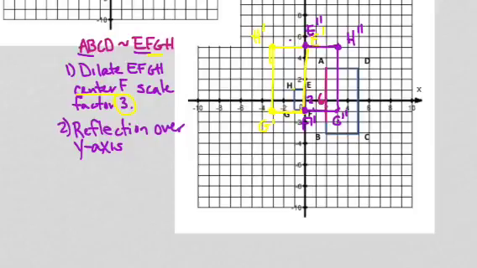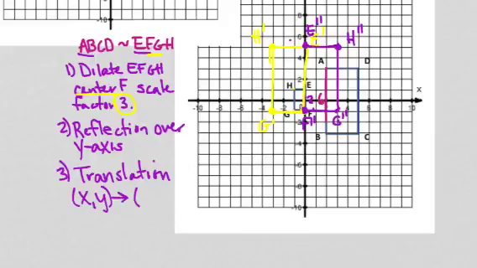All right, we're almost there. We have the same orientation now. So the next step is to either translate or rotate. And I can see I need to translate. So it is a translation where x, y goes to, and then we have to travel from E double prime to A, because that's what I need to match, A to E. I need to go right 2 and down 2.